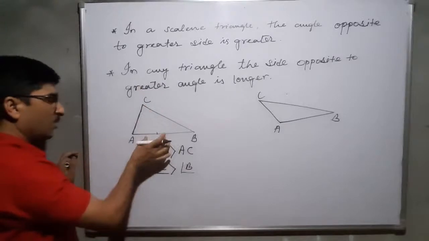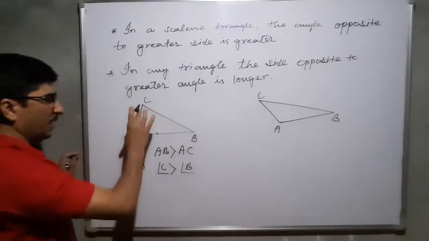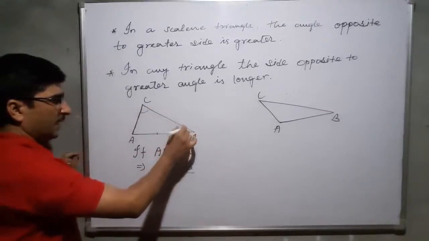Then the angle opposite to side AB, that is angle C, will be greater than the angle opposite to side AC, that is angle B. That means if side AB is greater than side AC, then angle C is greater than angle B.